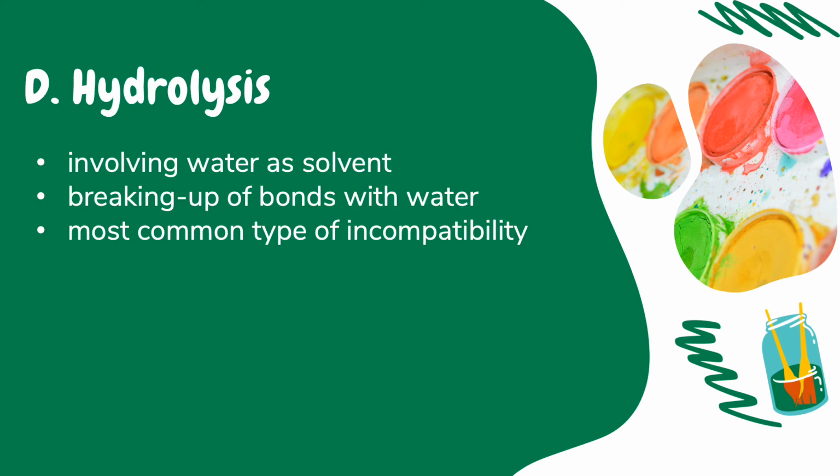Hydrolysis. Hydrolysis involves water as solvent and breaking up the bonds of water. This is the most common type of incompatibility. This is the most common mechanism of drug degradation. Examples of drugs that are prone to hydrolysis are the beta-lactams, penicillins, and cephalosporins.